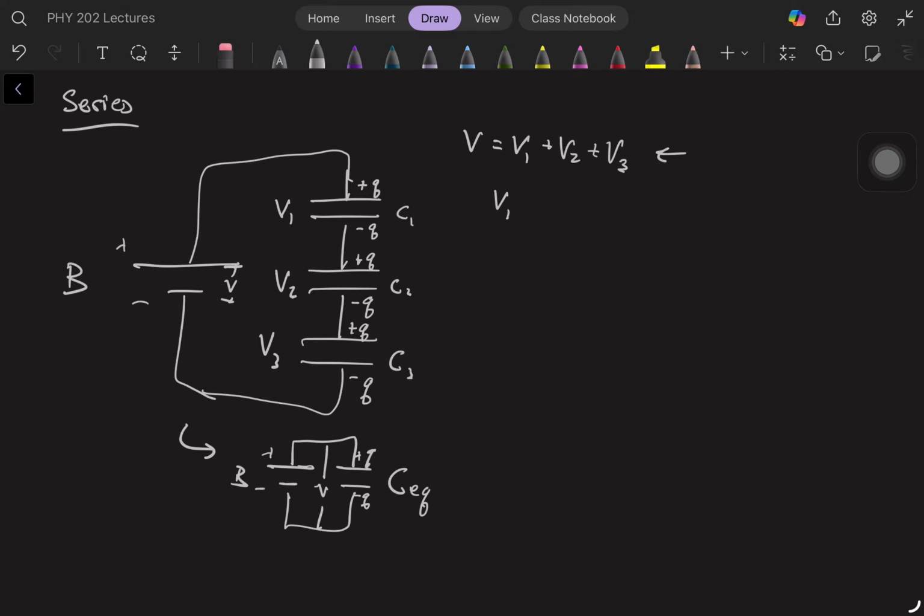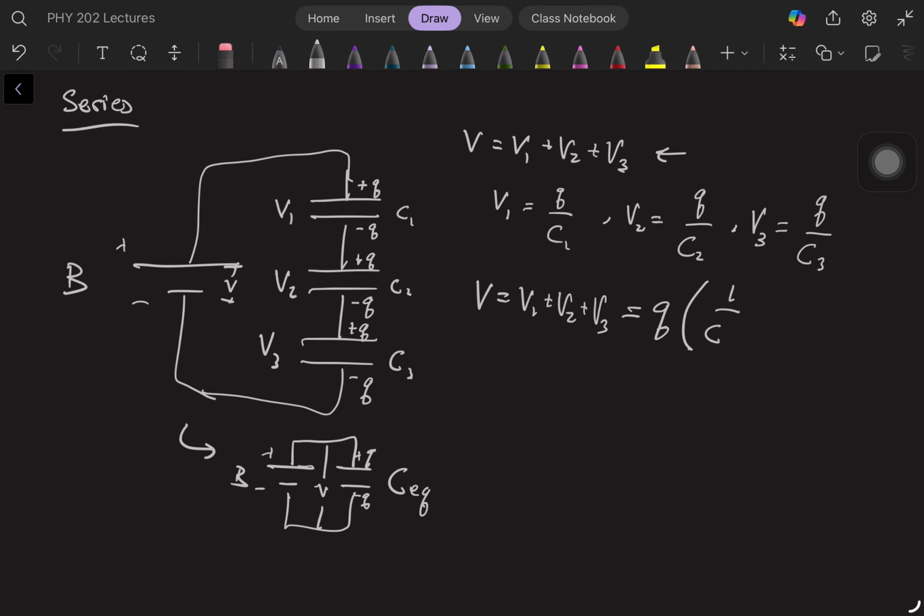But we can say V1 is equal to Q over C1, V2 is Q over C2, V3 is Q over C3. And so then if we want V equal to V1 plus V2 plus V3, we can say that's equal to Q times 1 over C1 plus 1 over C2 plus 1 over C3.